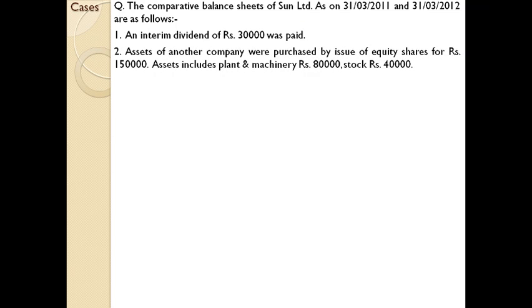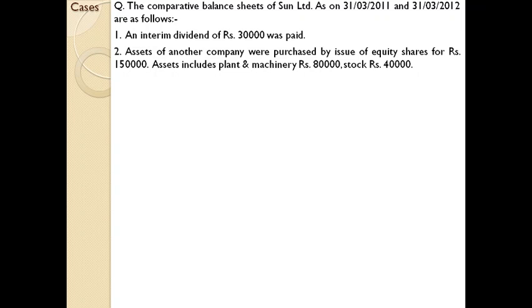Next one, assets of another company were purchased by issue of equity shares for rupees 1,50,000. Assets include plant and machinery of rupees 80,000 and stock 40,000. The meaning is that the company has purchased some assets from another company by issuing equity shares.